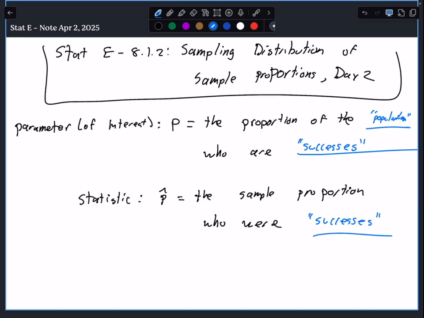What proportion of those 200 students said that they would want to stay an extra year? Now remember, there's that little subtle tense that I use. What does the population like? What were the sample? Because the sample we know. The sample was taken. We know what they responded. But the parameter, we don't know.